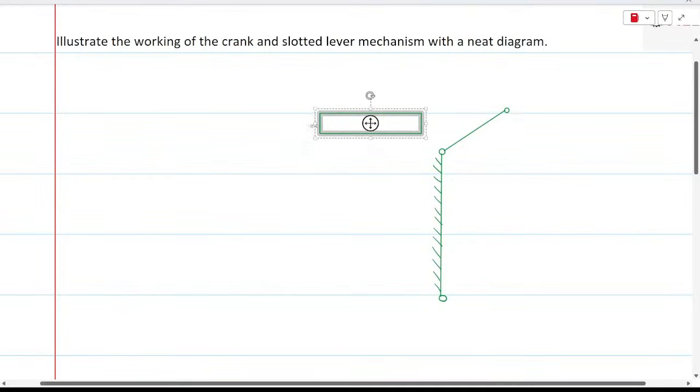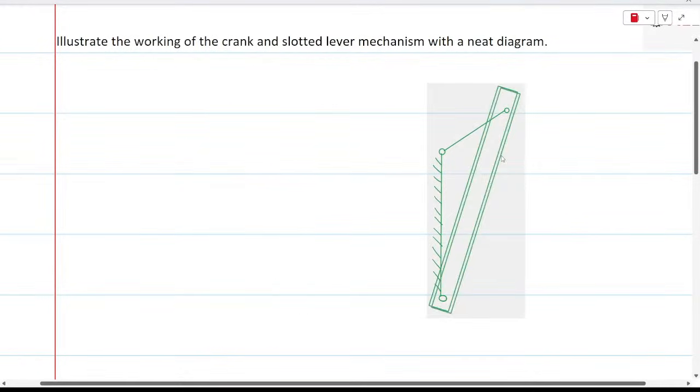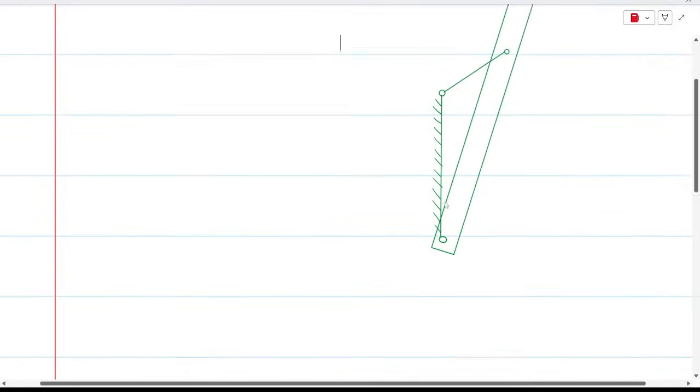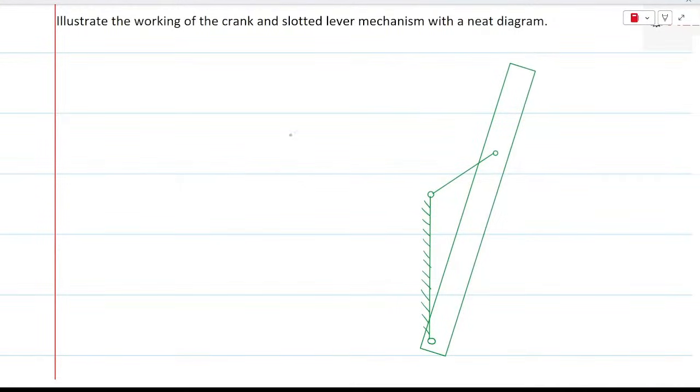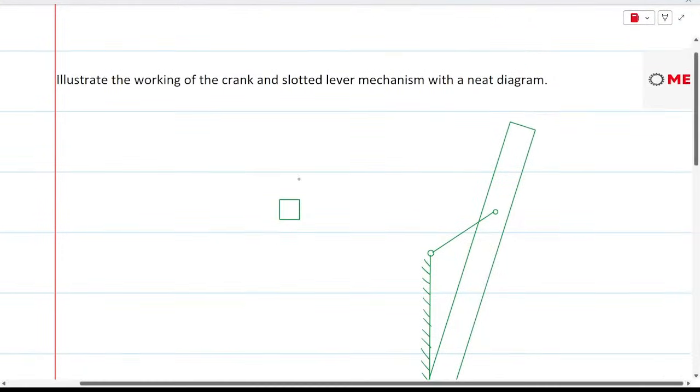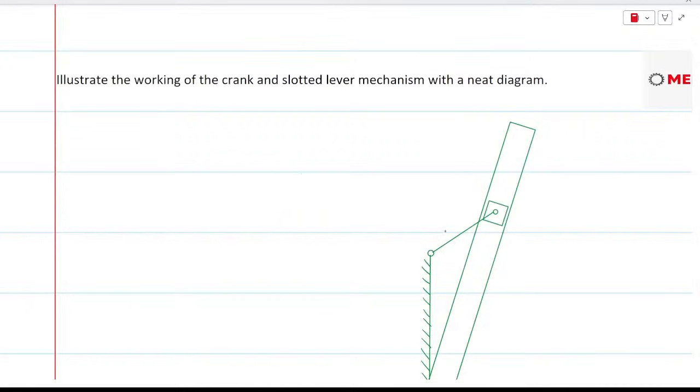Now let me just draw the slotted bar. There will be a piston, that is link 3. Let me add it, and let me just number the links. So this is fixed link, link number 1, link 2 is crank, link 3 is piston, link 4 is the slotted bar, and link 5 will be added on the top of the link 4.